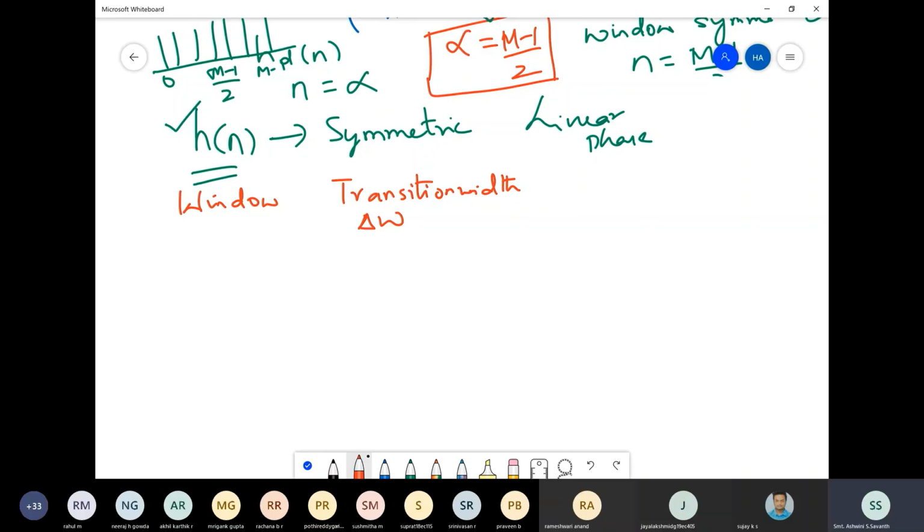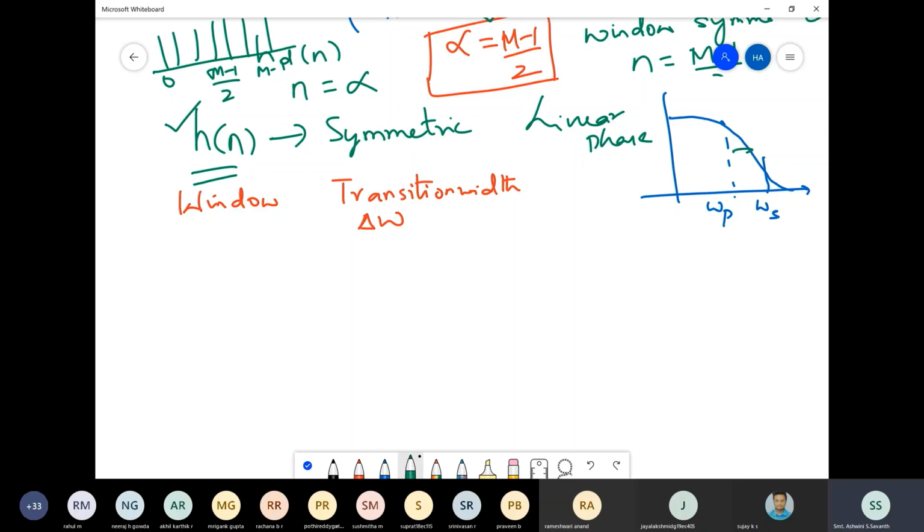What is transition width? Okay, if I have to draw a low pass response here, this is how it's going to be, right? This will be omega p, the pass band edge frequency. This is omega s, the stop band edge frequency.